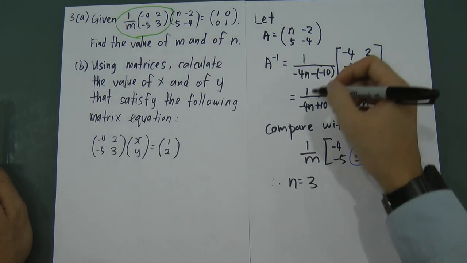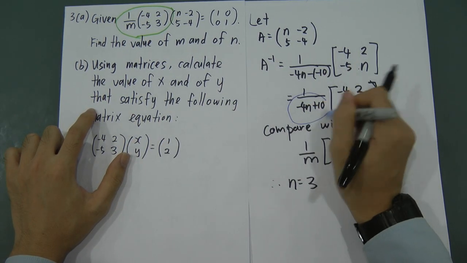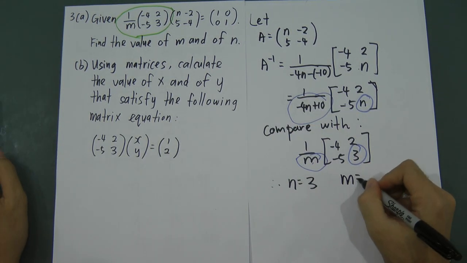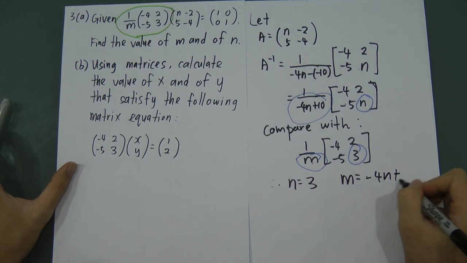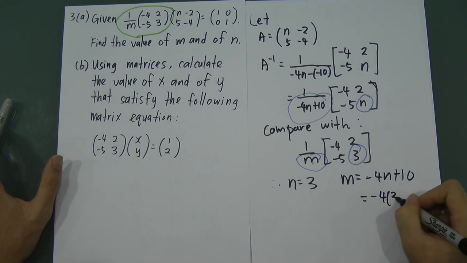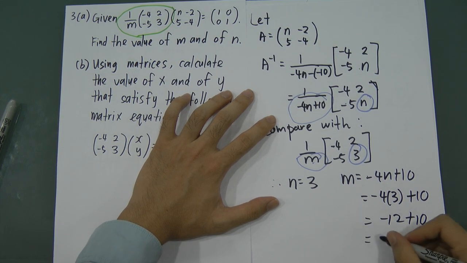And then 1 over m. So m is actually equal to negative 4n plus 10. And then I got n, right? n equal to 3. So negative 4 multiplied by 3 plus 10. So therefore negative 12 plus 10, m is equal to negative 2.